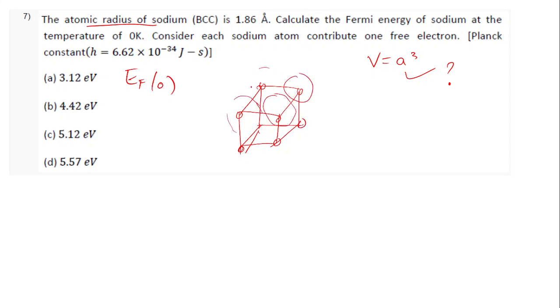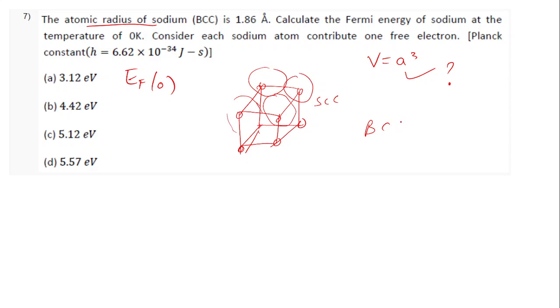They are so big that they are touching each other, but we usually don't draw it like that, otherwise I won't be able to see all the atom positions. So that's why we draw it small, but in reality they are all touching each other. This is for simple cubic unit cell.